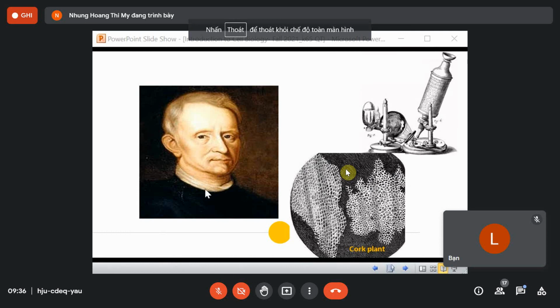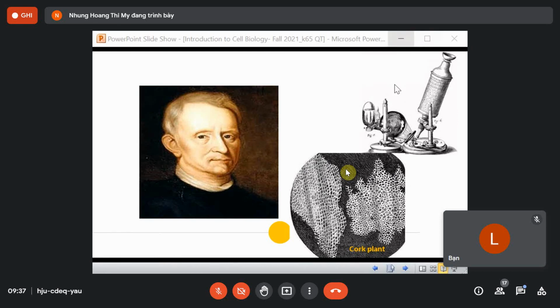He was also an inventor of the microscope. But remember that the microscope during this time was invented by many scientists, and Robert Hooke was not the first scientist who invented the microscope, but he also invented his own microscope, as you can see in the upper image here.